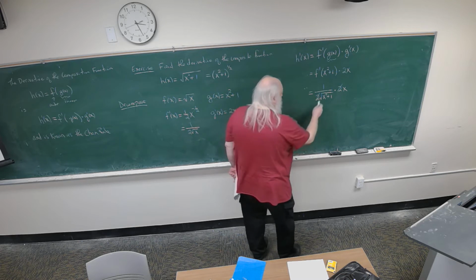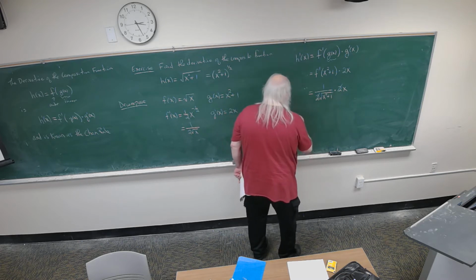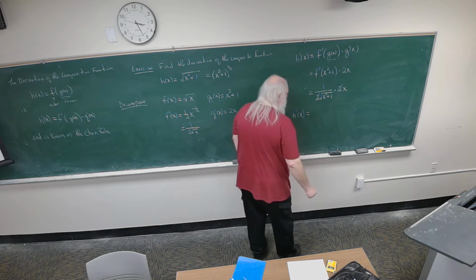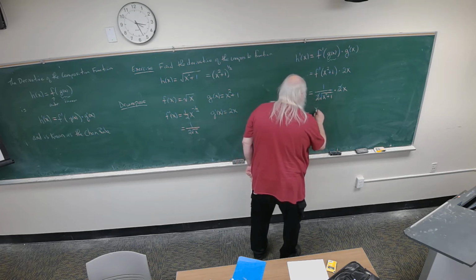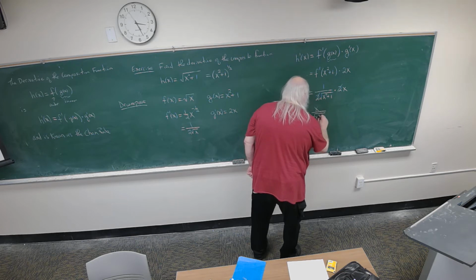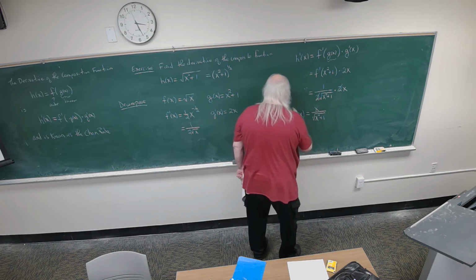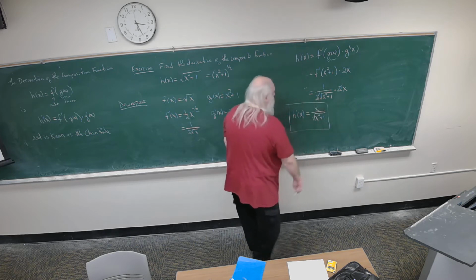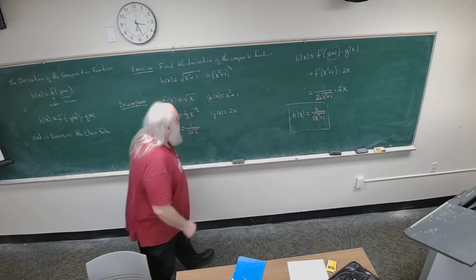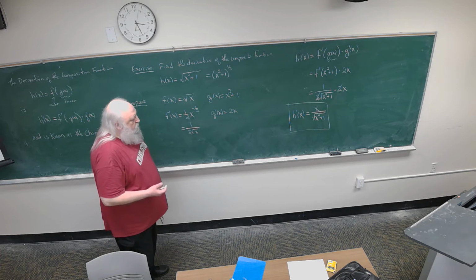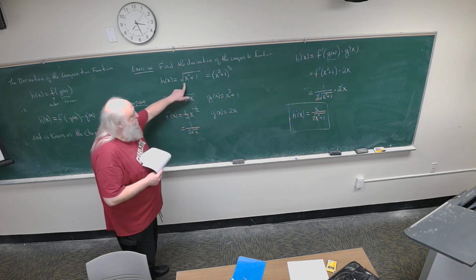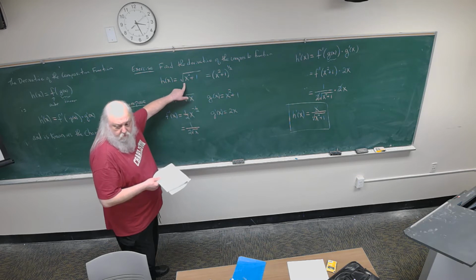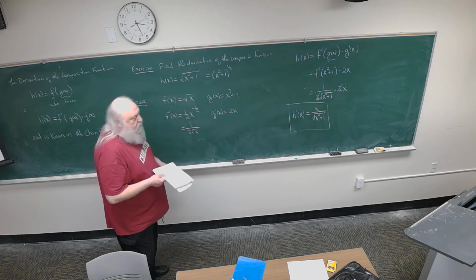And so when we multiply x times this fraction, we have the derivative of h of x, h prime of x, is equal to x over the square root of x squared plus 1. And so that is the derivative of h of x by the chain rule. Okay? Derivative of that composite function.